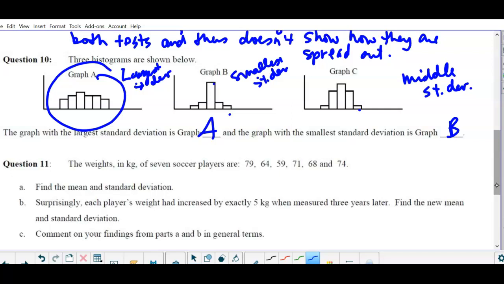So it doesn't give you a good representation. It doesn't show you how it's spread. Okay, so range doesn't really tell you a whole lot.